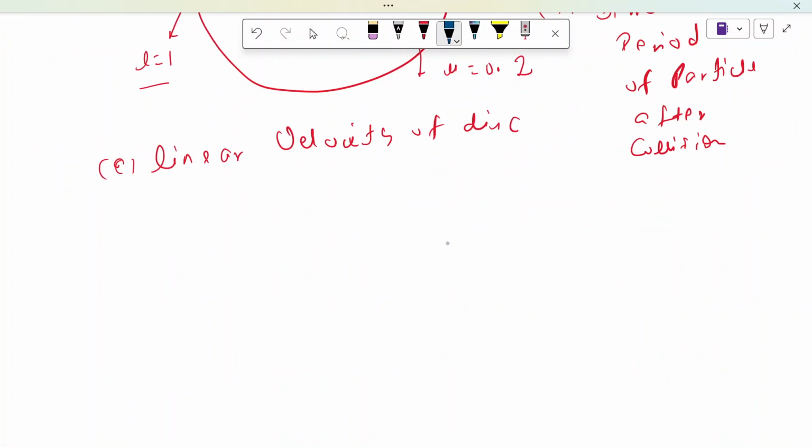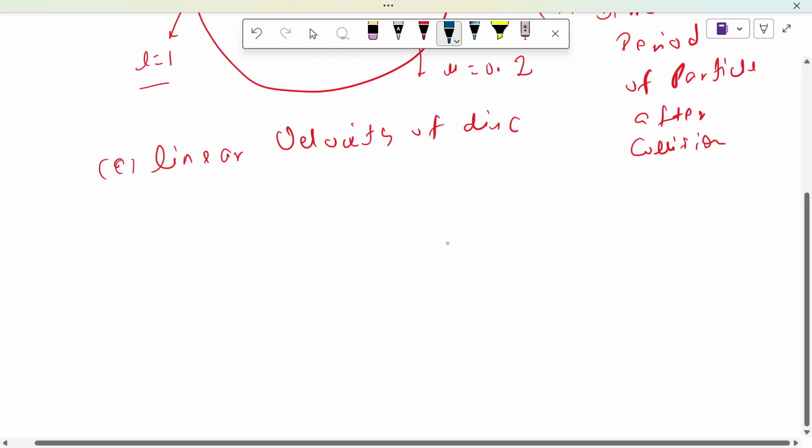We can apply the impulse momentum theorem on the particle, where the particle experiences a backward force, the integral of f dt, and has mass m.